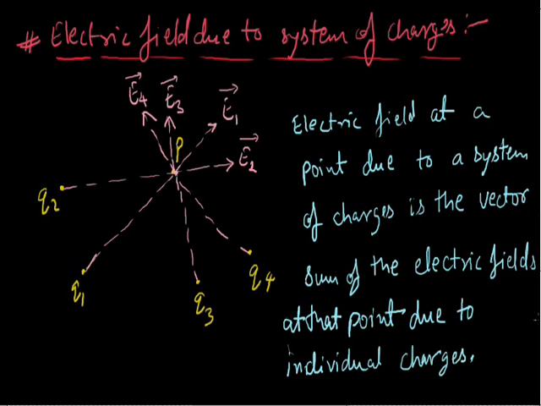So electric field at a point due to a system of charges is the vector sum of electric field at that point due to individual charges.